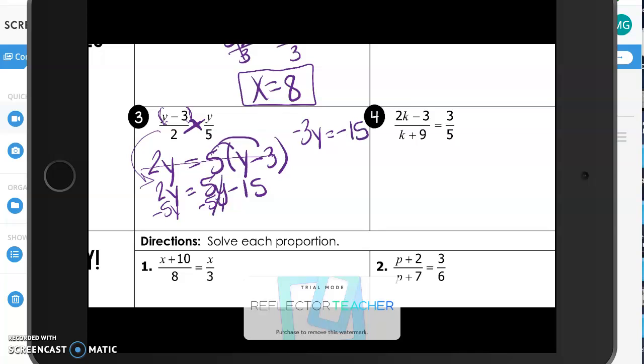After that goes away, the minus sign goes with the 15. Divide by negative 3, y equals positive 5. Again, you would want to do 5 minus 3 over 2, and then 5 over 5 to make sure those would be the same thing.